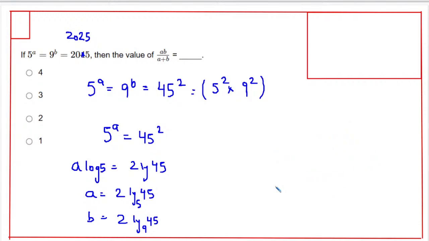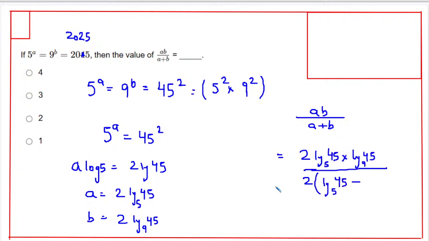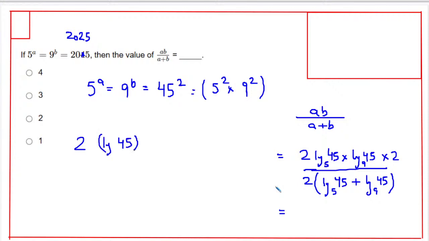Was this clear? Was this much clear? When you apply the log function. After this, I compare the same function 9 raised to the power b with 45 square and get this value. Plugging this value in this equation. And I think you can solve this thing now. And yep, something like this you will arrive after LCM and all.